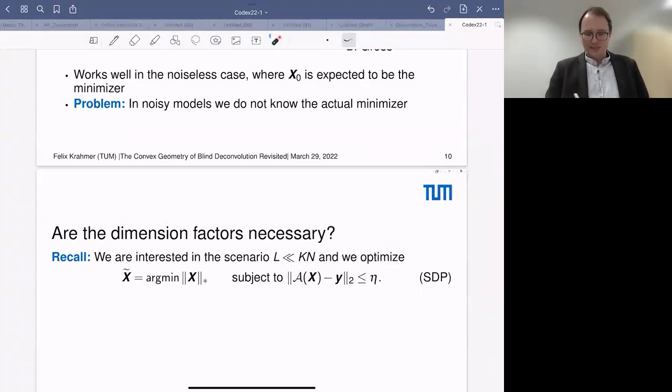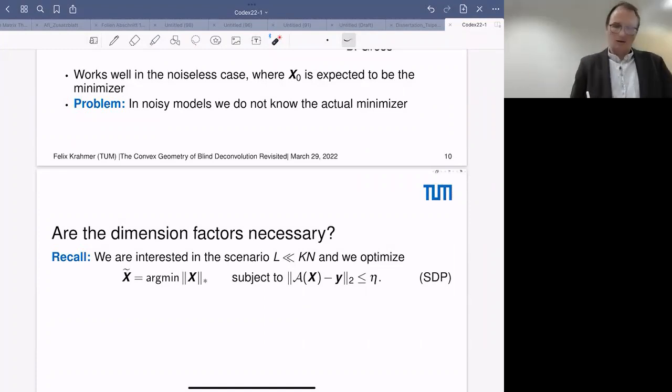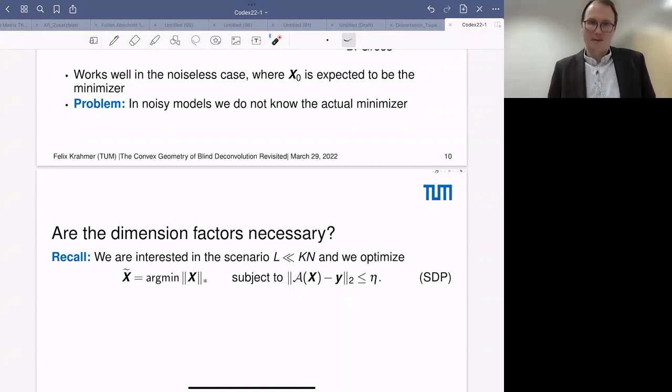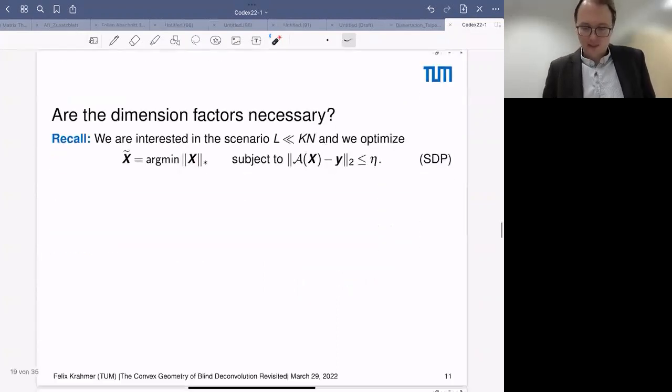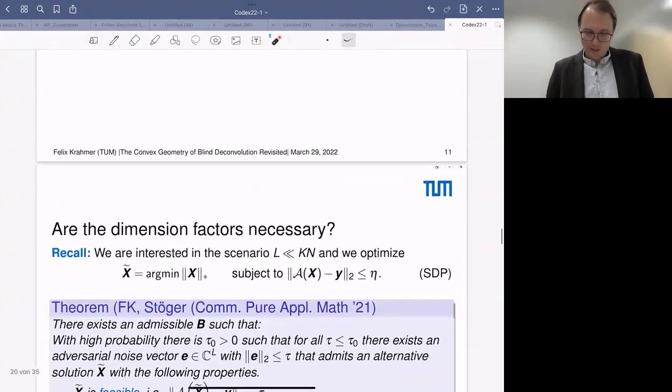We are trying to solve our problem by nuclear norm minimization subject to this constraint, with the noise being bounded by beta. This is what we are working towards showing.